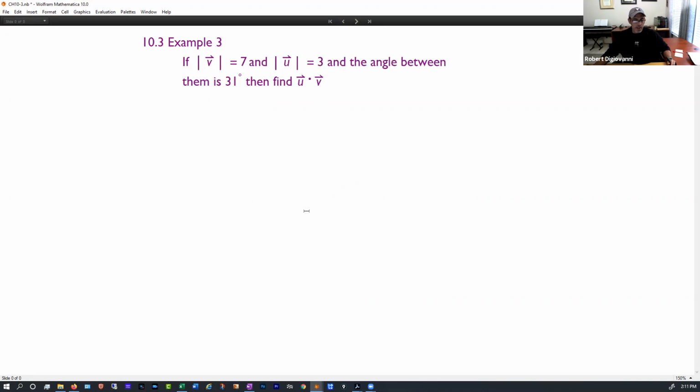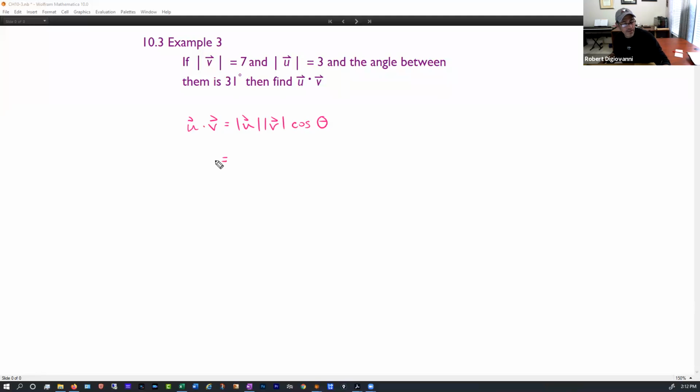All right, this is just a quick example to make sure we know how to use the formula. If I tell you the magnitude of V is 7, the magnitude of U is 3, and the angle between them is 31 degrees, then what's the dot product? U dot V is equal to the magnitude of U times the magnitude of V times the cosine of the angle between them.